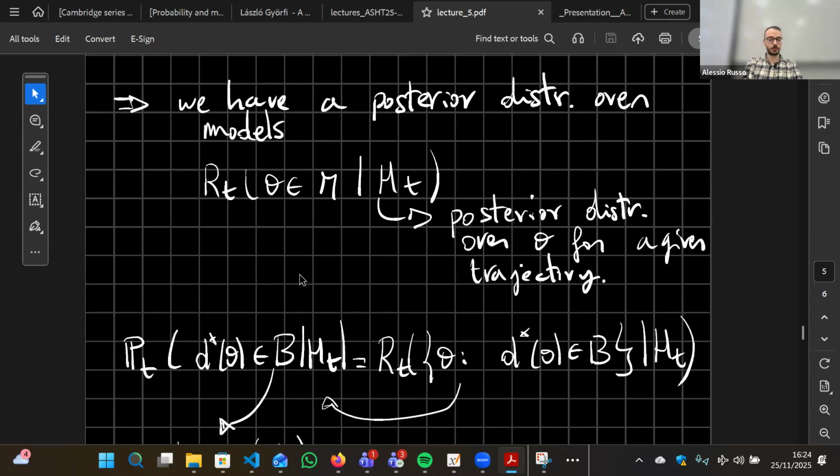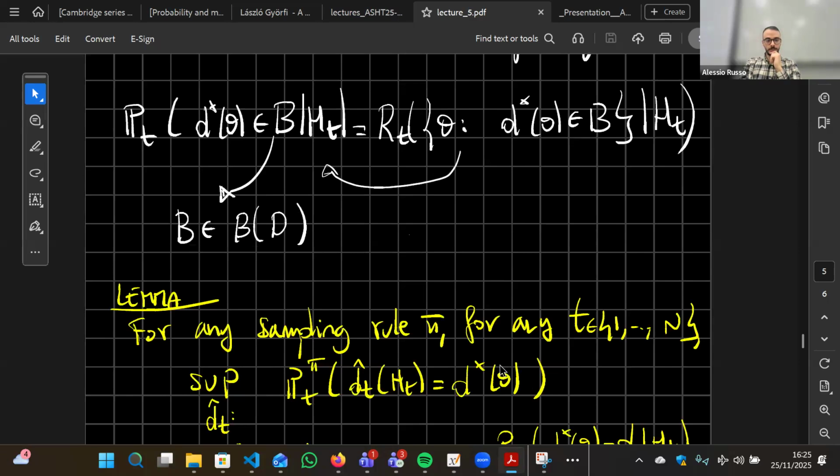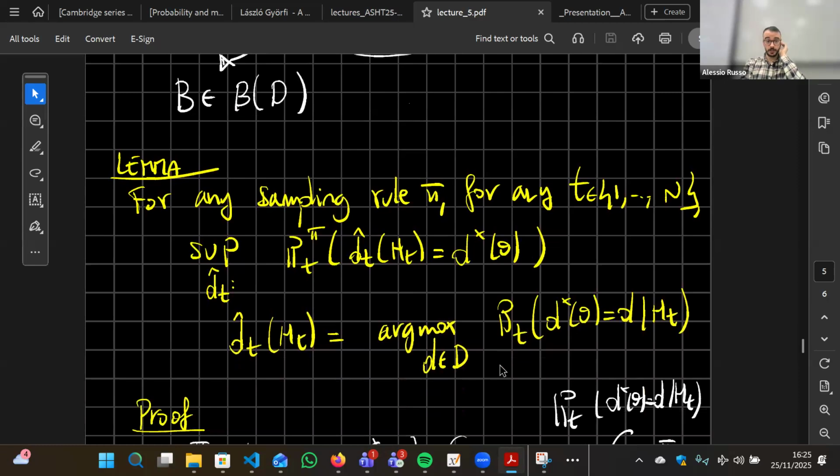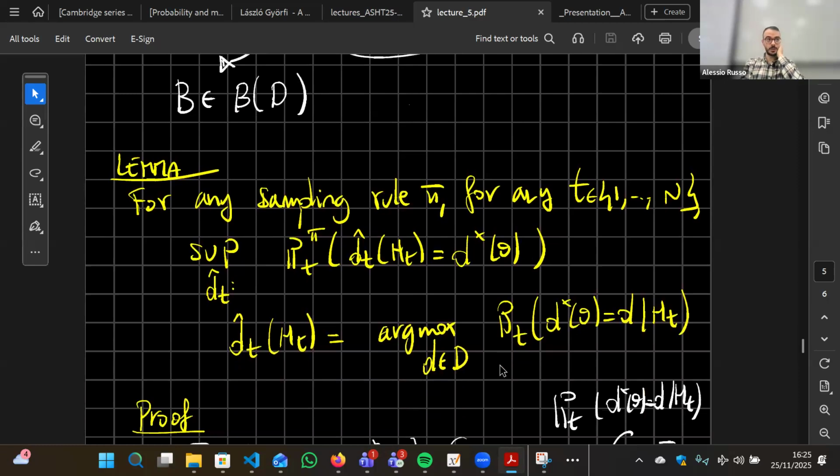Once we have the posterior distribution over models, we can also define the posterior distribution over the true hypothesis, which is simply the push forward measure here. Then we arrive at the last result of the last lecture, where we showed the optimal inference rule. The lemma says that for any sampling rule pi, for any t, the optimal inference rule is the one that maximizes the posterior distribution.